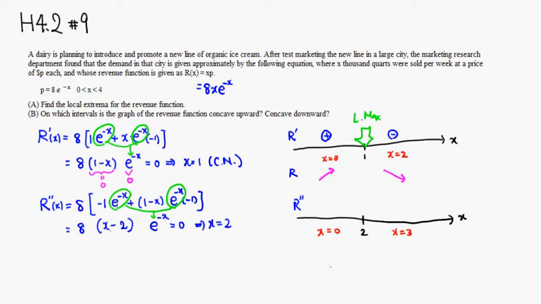If you plug in 0, it's negative. Plug in 3, and that's positive. So you can see that there's a concavity change. R is concave down on this interval and concave up on that interval.